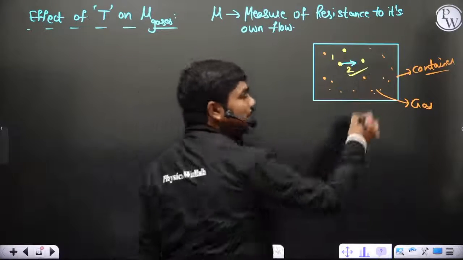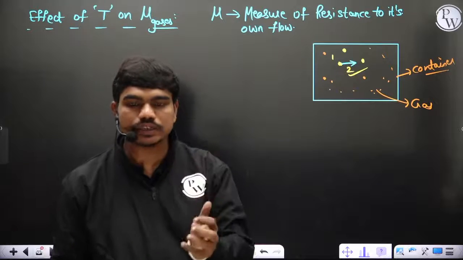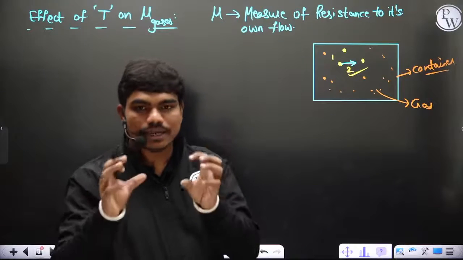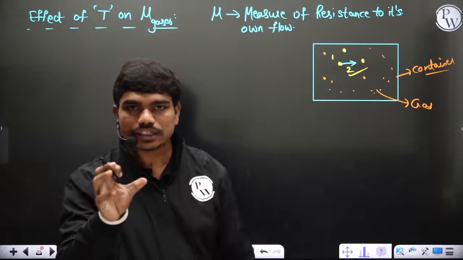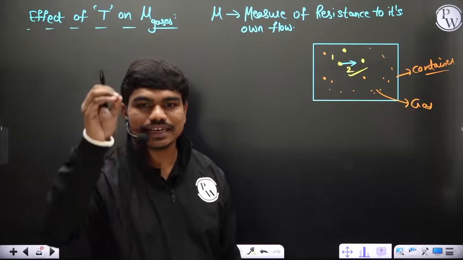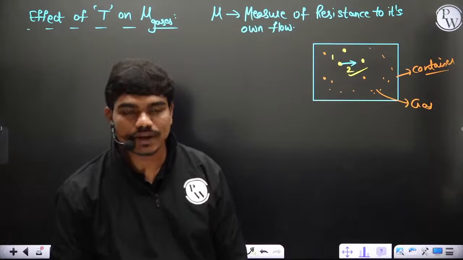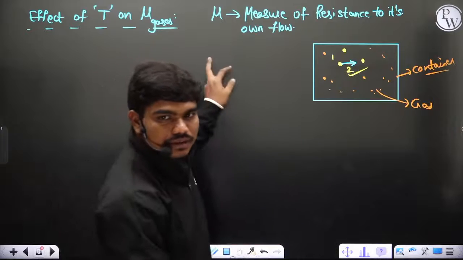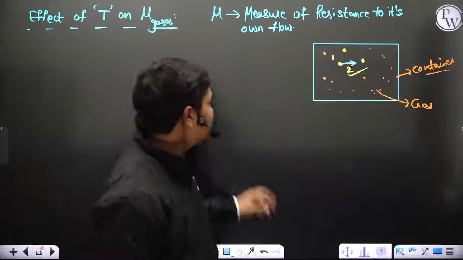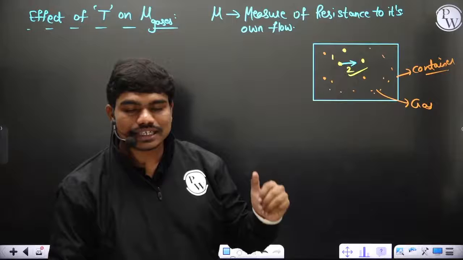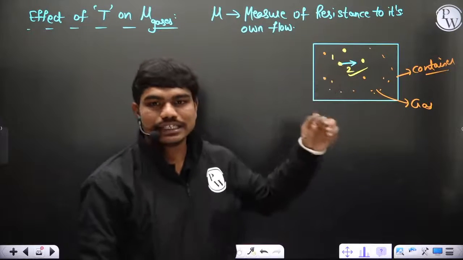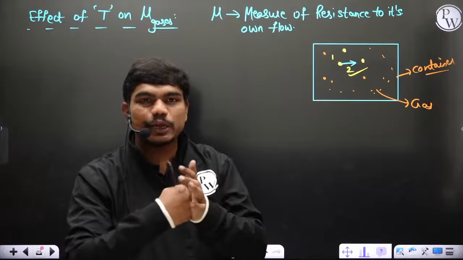So this is highly effective because in case of gases, molecules are loosely packed, so the cohesion between the molecules is drastically low compared to the case of liquids. So in case of gases, the resistance to movement is majorly offered by molecular impacts.